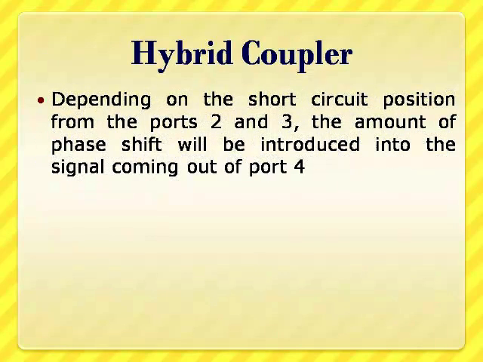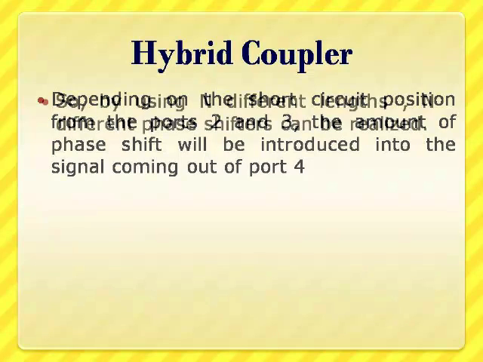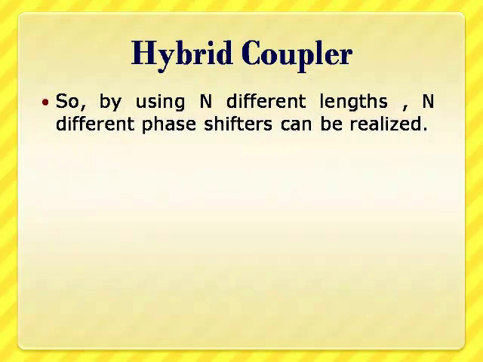So depending on this length, for different hybrid couplers, you can get different amounts of phase shifts coming out for this. So by using n different lengths, n different phase shifters can be realized, and they can be used either with zero phase shift or the fixed amount of phase shift, as the case may be.